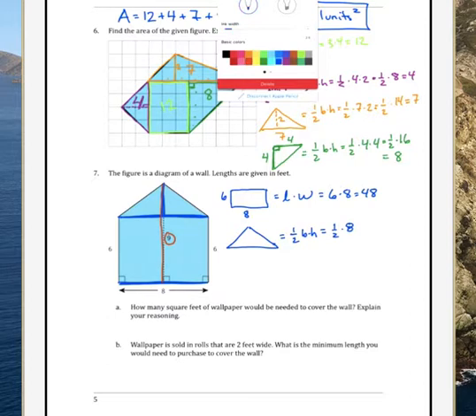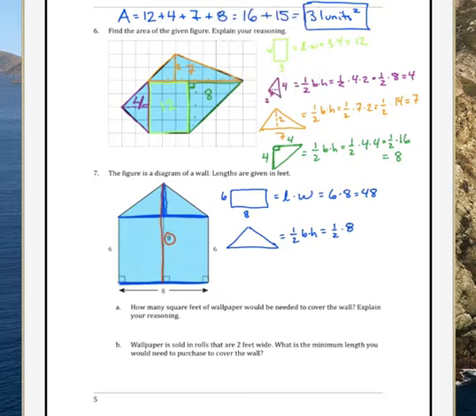So if I want to find what just this piece is here, well, if the whole thing is 9, but I know that this side is 6, that means this side here has to be 6 as well. So I would ask, okay, what do I have to add to 6 to get up to 9? And I know that's 3. So the height of that triangle is 3.